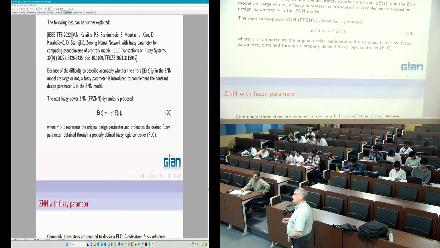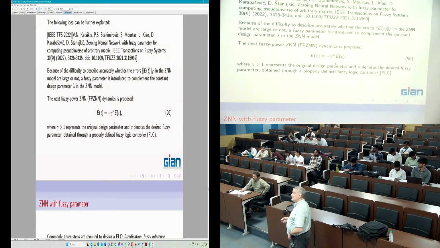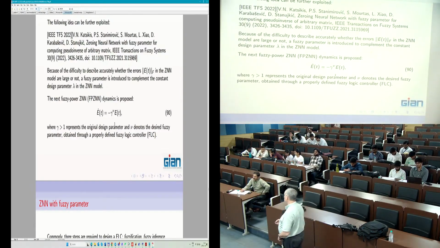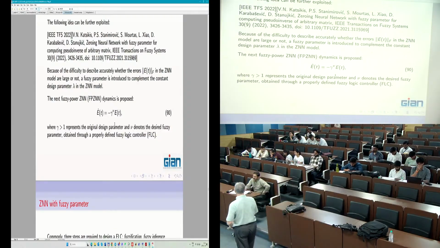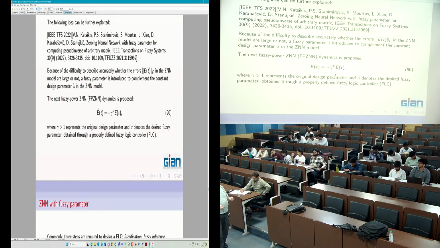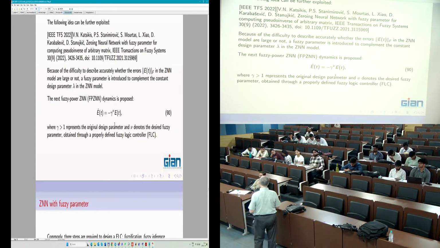Dragisha and Darian helped us in defining membership functions. It was necessary to define a membership function, and according to the membership function, we obtain fuzzification. Then we apply if-then rules, for example if E of t is smaller or not smaller. After that, defuzzification will give nu.